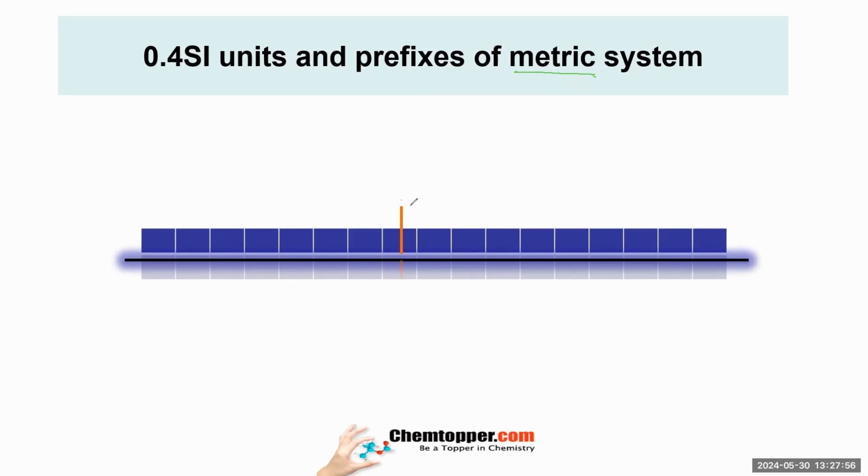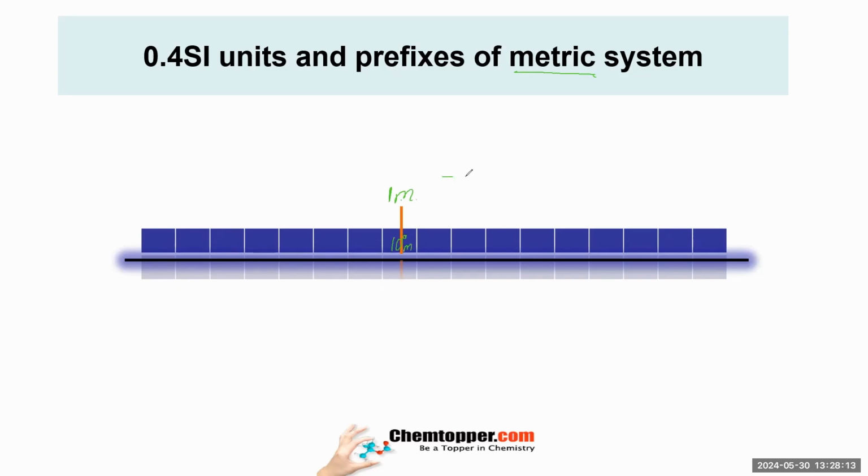Here is the basic unit. Let's take the basic unit as meter. So I'm taking 1 meter. 1 meter means 10 raised to power 0 meter. I can say that.